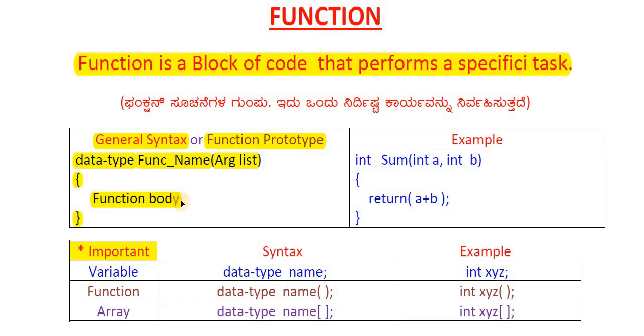The function body is enclosed in a pair of flower brackets. In the function body you can write 1 line, 10 lines, 100 lines, or any number of lines. Minimum you have to write 1 line, or you can write more than 1 line also.